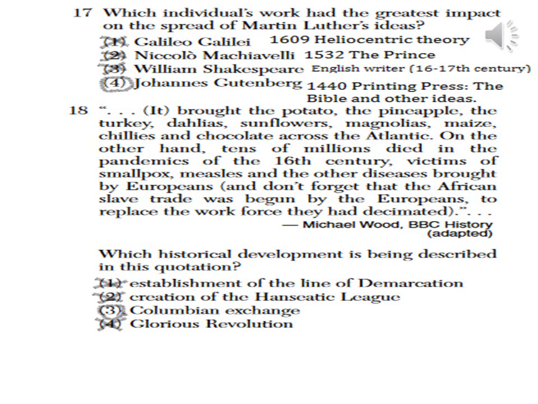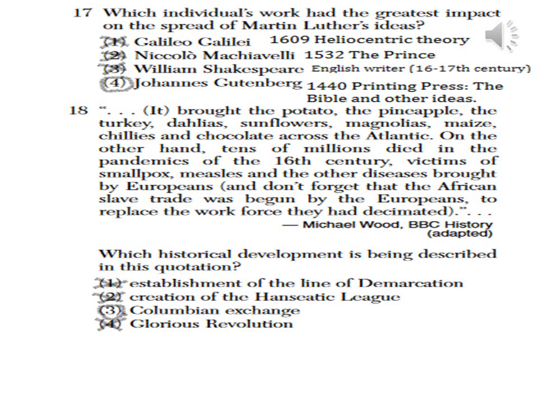On the other hand, tens of millions died in pandemics of the 16th century, victims of smallpox, measles, and other diseases brought by Europeans. And don't forget the African slave trade that began by Europeans to replace the workforce they had decimated. So, which historical development is being described in this quotation?